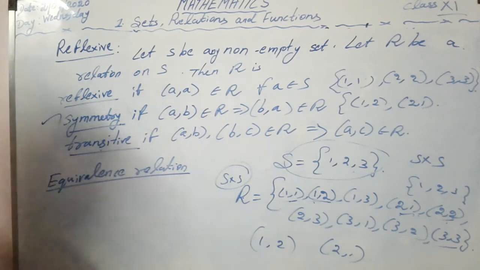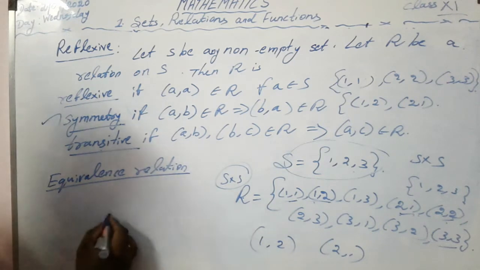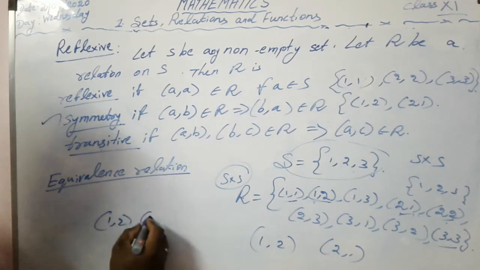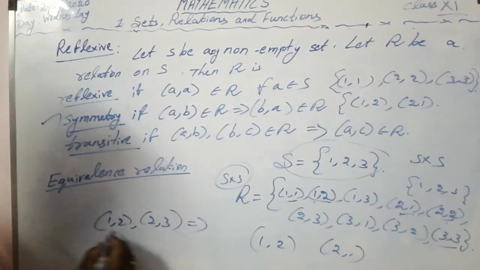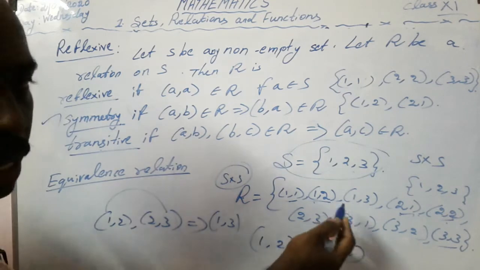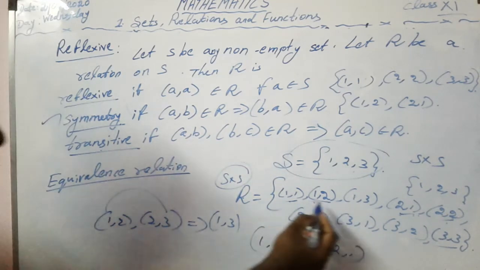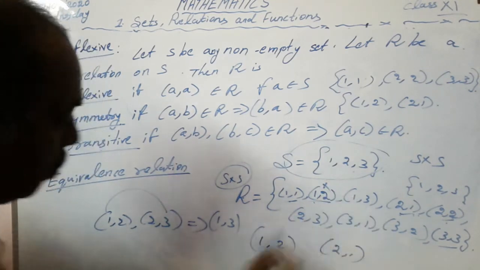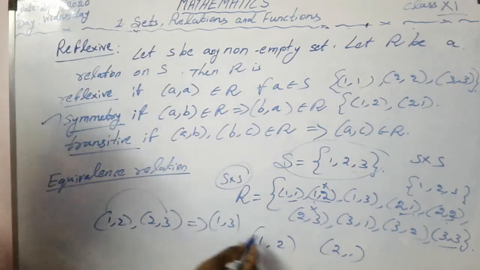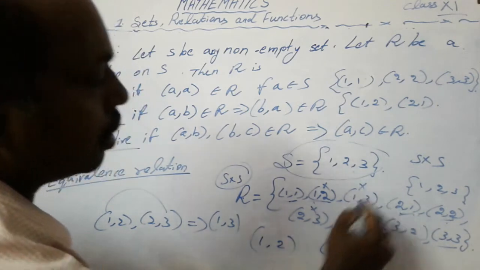Then come to the next step, transitive. Suppose I am taking the elements (1, 2) and (2, 3), there must be (1, 3). Check it in the relation. (1, 2) is there, (2, 3) is there, (1, 3) yes.